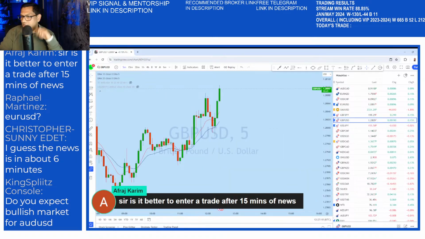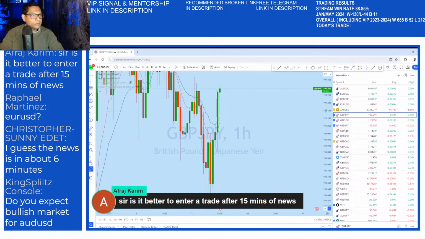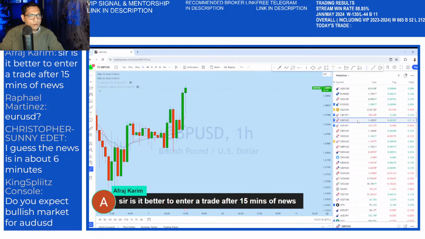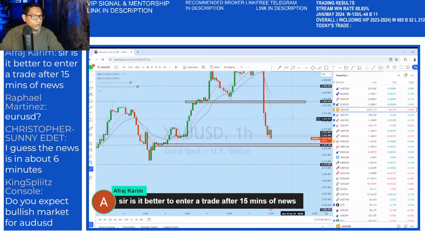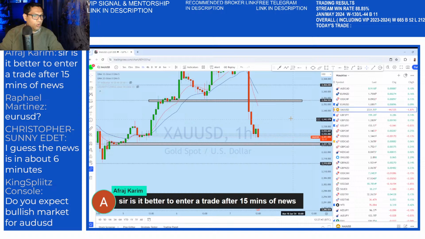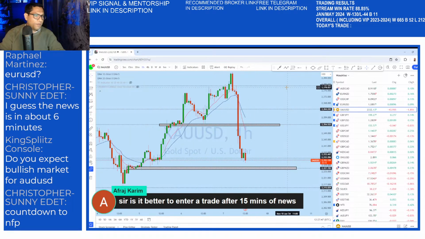GBP USD is just the other way around. Okay, so gold. Now gold, after break of this low, it is possible for the price to again go up for a deeper liquidity grab.